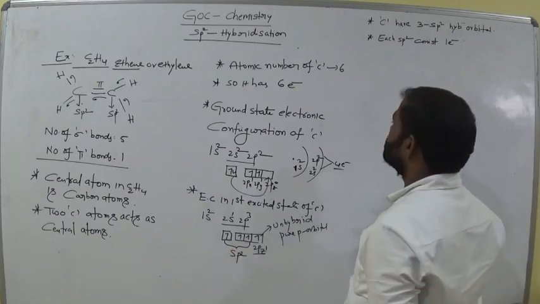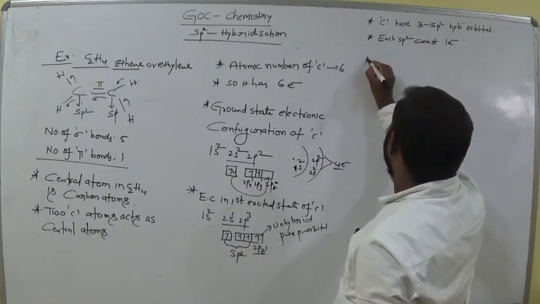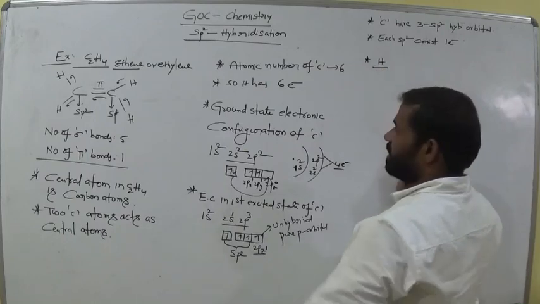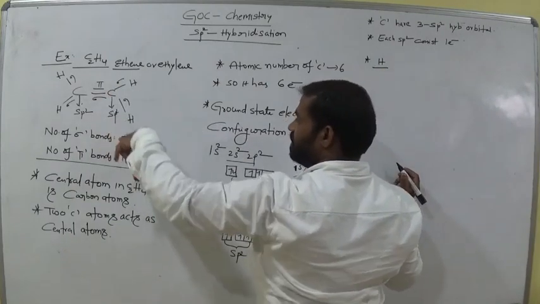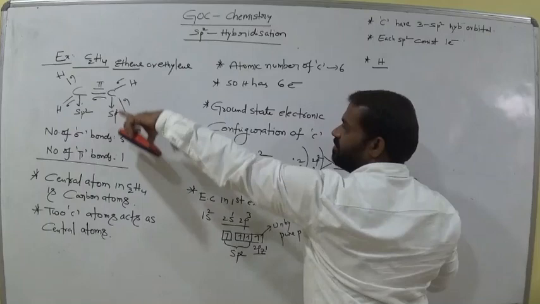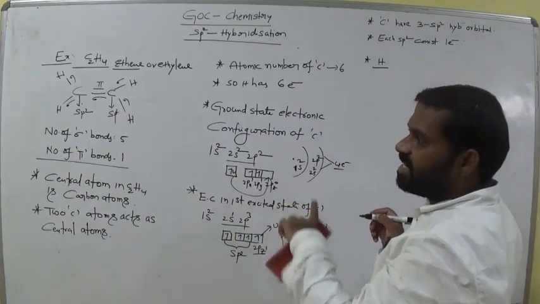Okay, 3 electrons. Now come to hydrogen. Now here carbon is bonded with hydrogen. Am I right? Now this explanation is also the same for the second carbon.